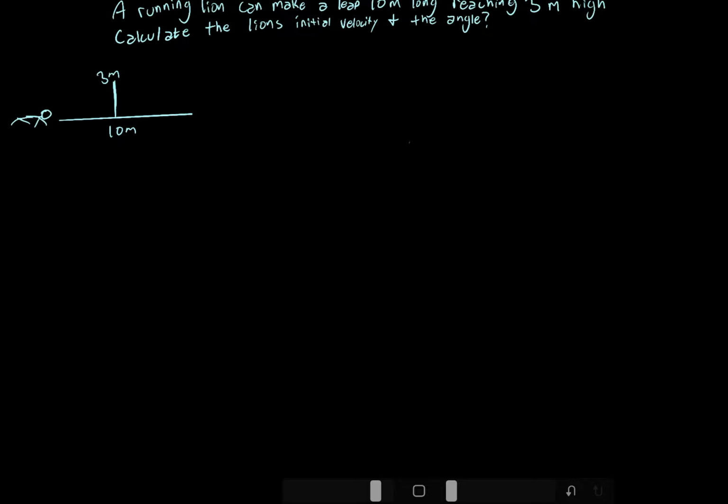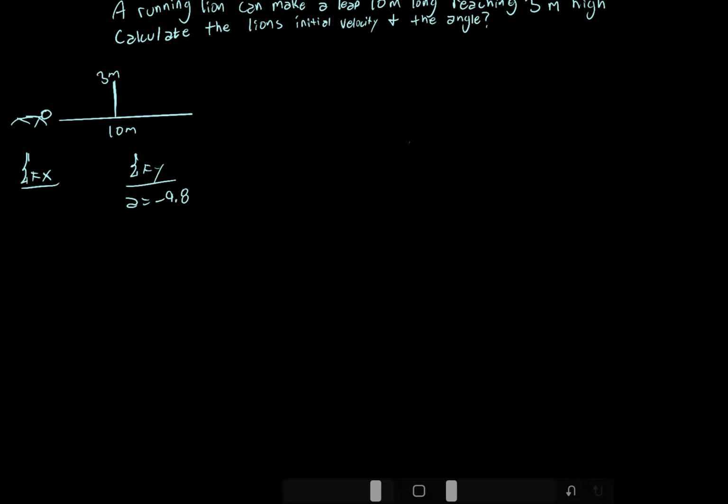So we have to break this up into its x and y components. So we'll start with the x component. So net forces in the x. We have acceleration only happening in the y. So we'll just write that down.